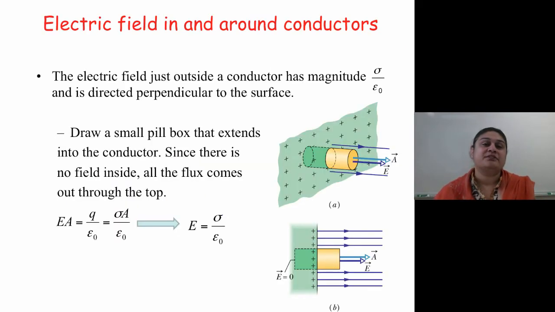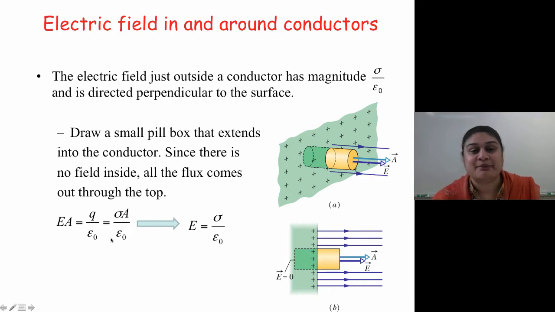Now what about the electric field in and around a conductor? The electric field just outside a conductor has a magnitude sigma over epsilon naught, and it is always directed perpendicular to the surface. How did we calculate this? We drew a small pillbox that extends outwards. There is no field around the sides; the only field is through the two faces.